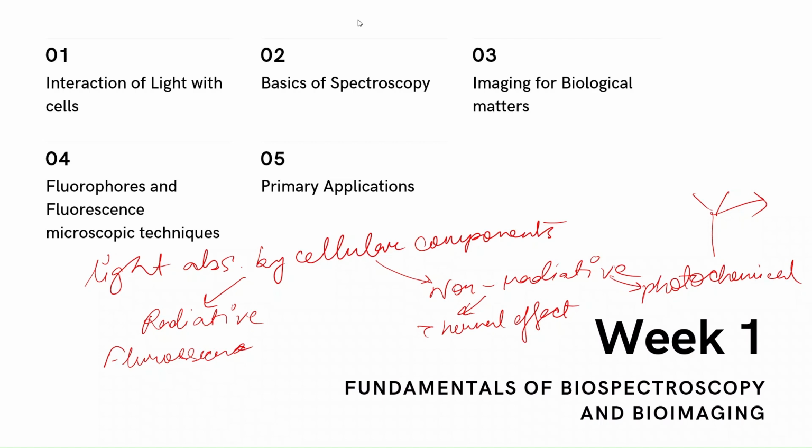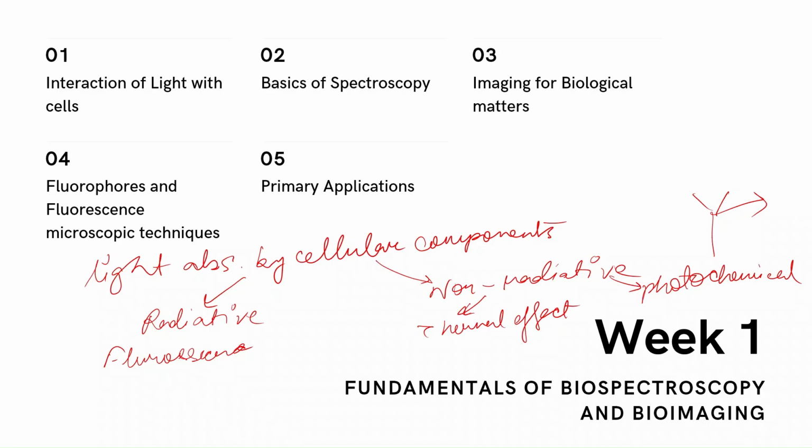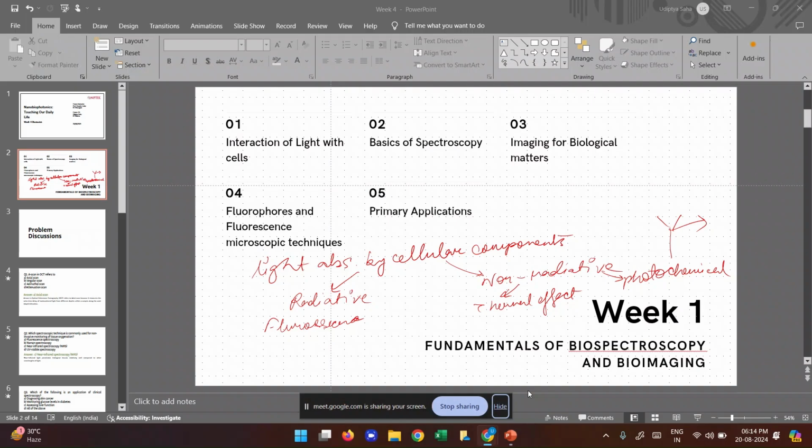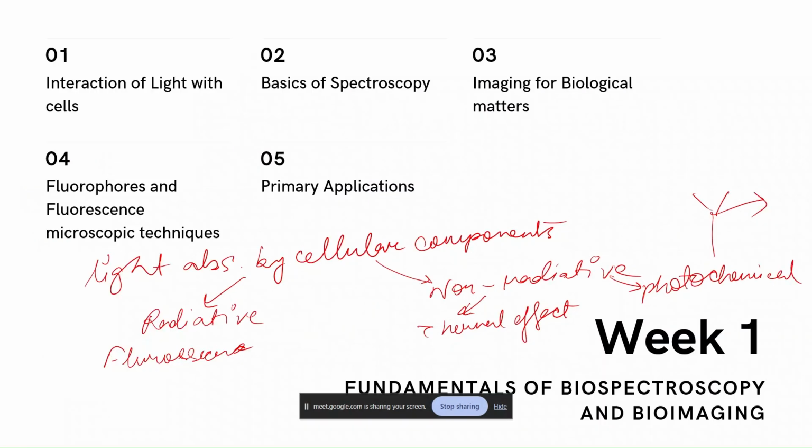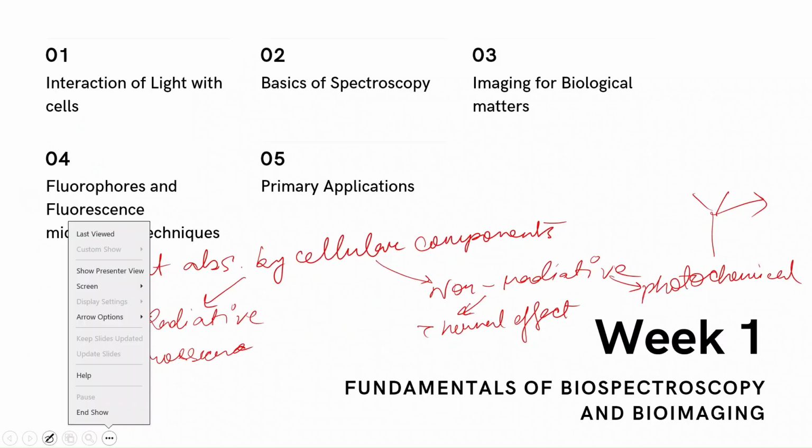So in spectroscopy, this may be the valence band, and this is the conduction band.